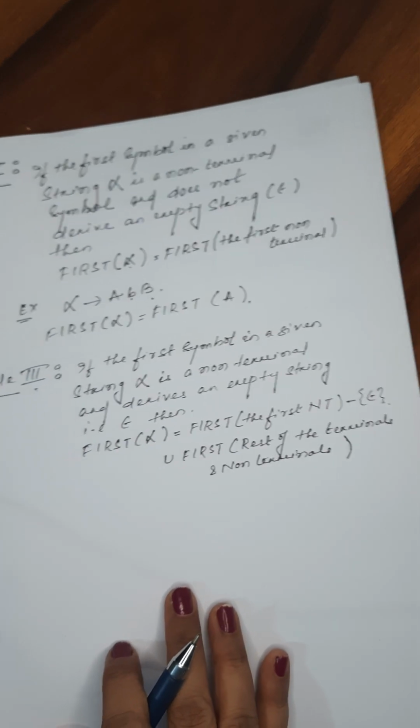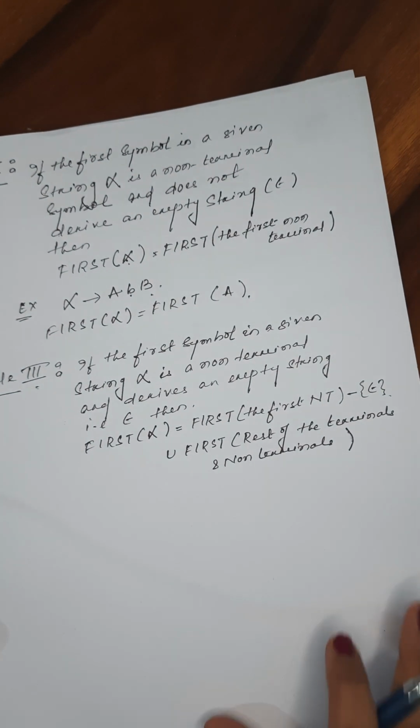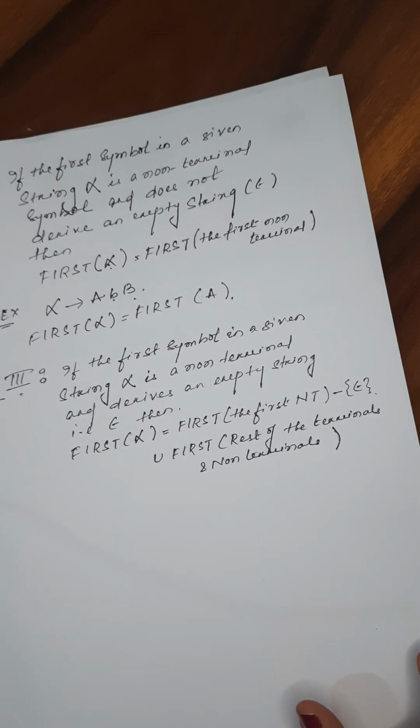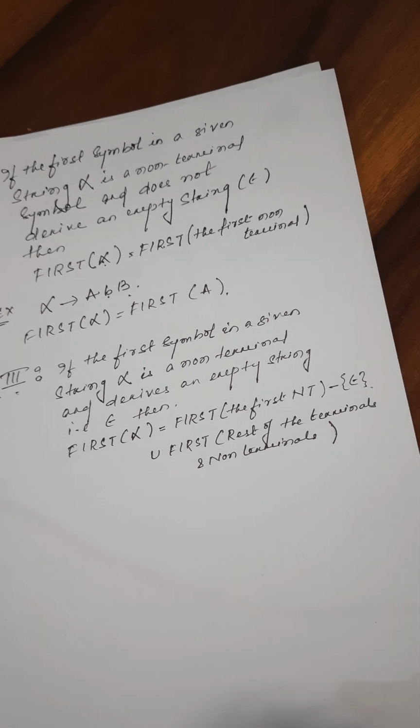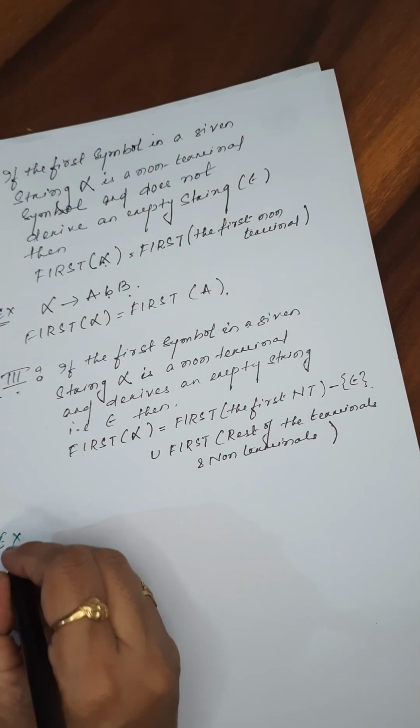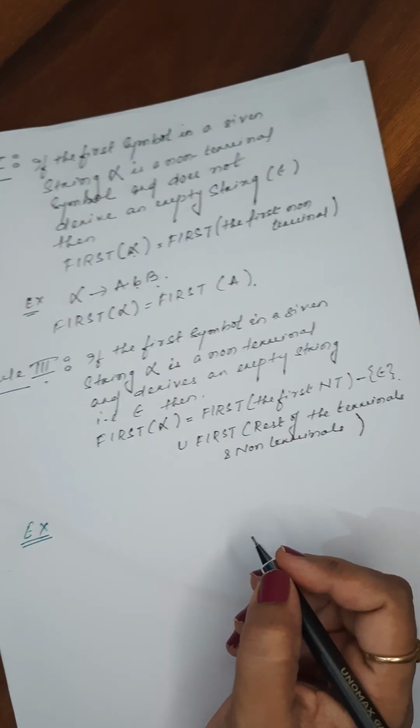Now what we will do? We will take an example and we will see how we can calculate your first. Let us take an example for it. Then we will go for the rules for constructing your follow. Here I am taking an example. What is the example?